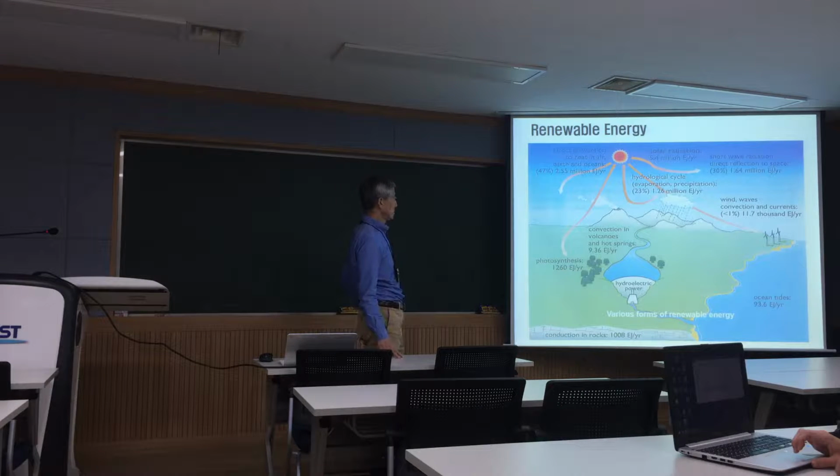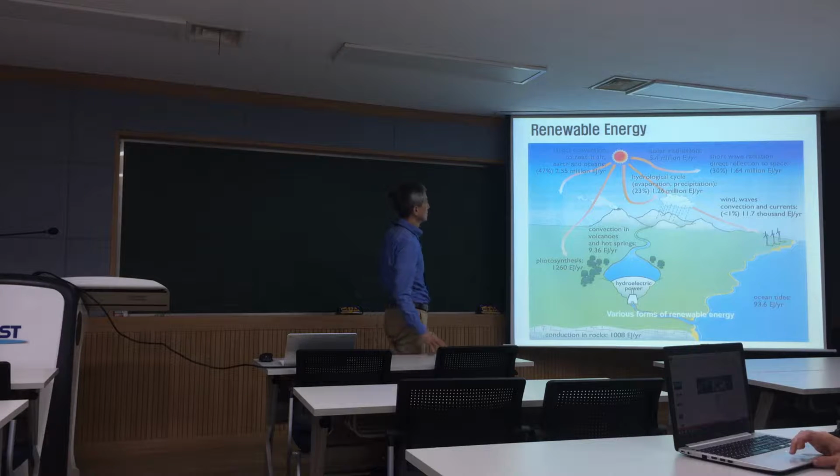So this is another picture image that shows the definition of renewable energy. Most of the energy is coming from the sun. We can use sun energy for the future of our globe. And solar radiation is very big.